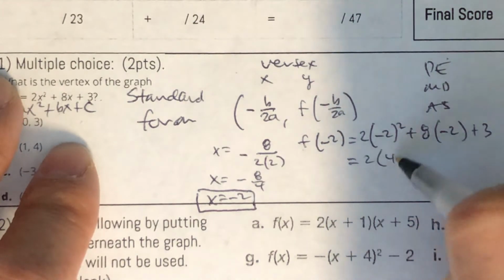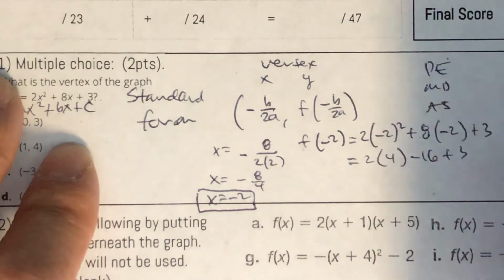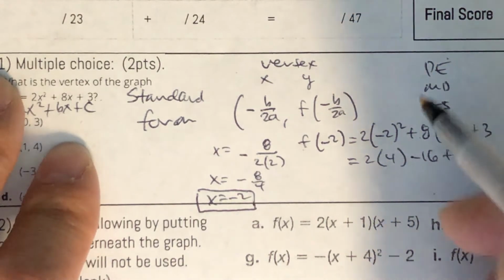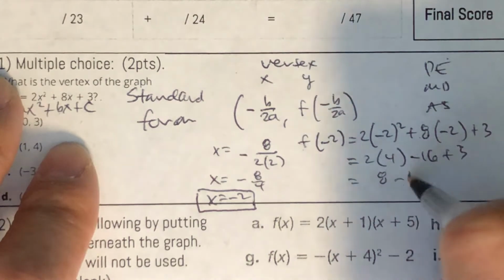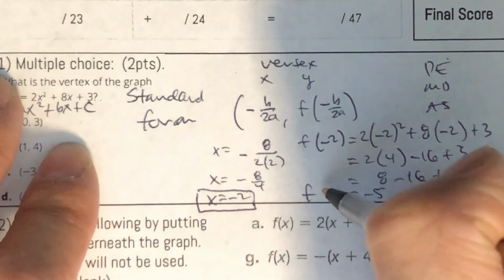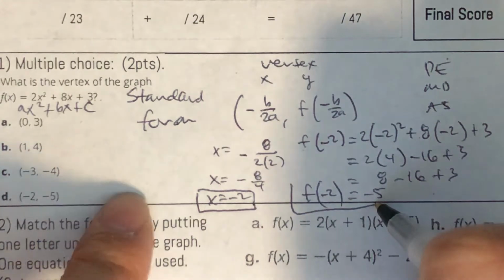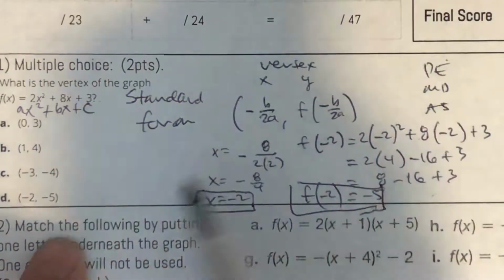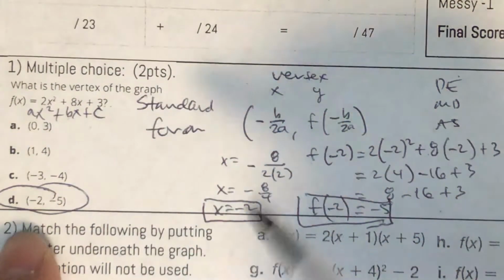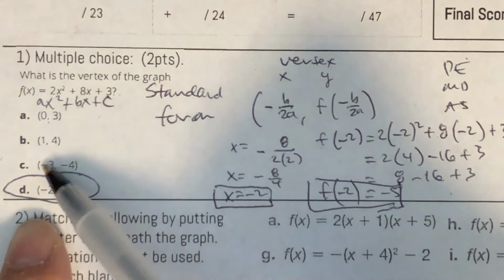So that's 2 times 4, 8. 8 times negative 2 is negative 16. And then addition, subtraction, left to right as I see them. So this would be 8 minus 16 plus 3. So negative 8 plus 3 is negative 5. F of negative 2 equals negative 5. And that would be choice D. Now, you could have saved yourself some time and recognized the only choice that has an x value of negative 2 is choice D.